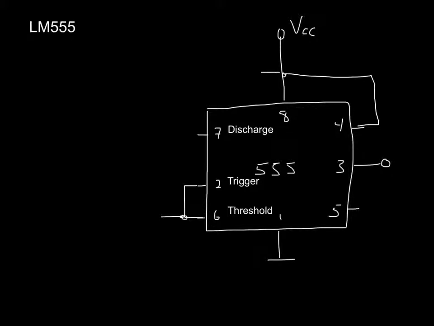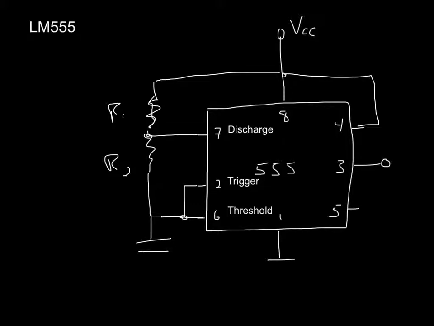And from VCC, then we create a 2 resistor chain, resistor 1, which also connects there to pin 7, then resistor 2, which connects to pins 2 and 6, and then a capacitor connected to ground.